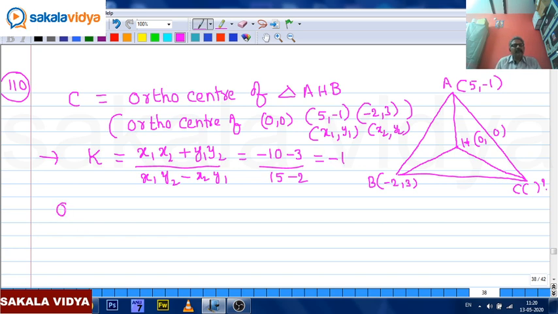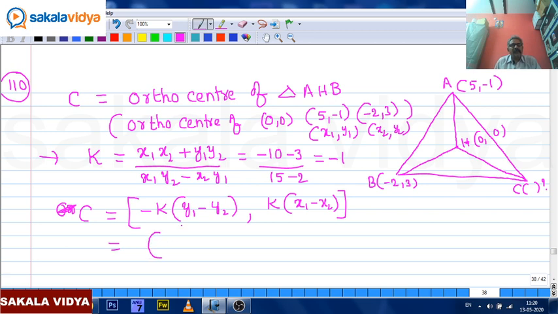Now orthocenter, that means C, equals minus k times y1 minus y2 comma k times x1 minus x2. k is minus 1, so y1 minus y2 is minus 1 minus 3, comma minus k of x1 minus x2, 5 plus 2.